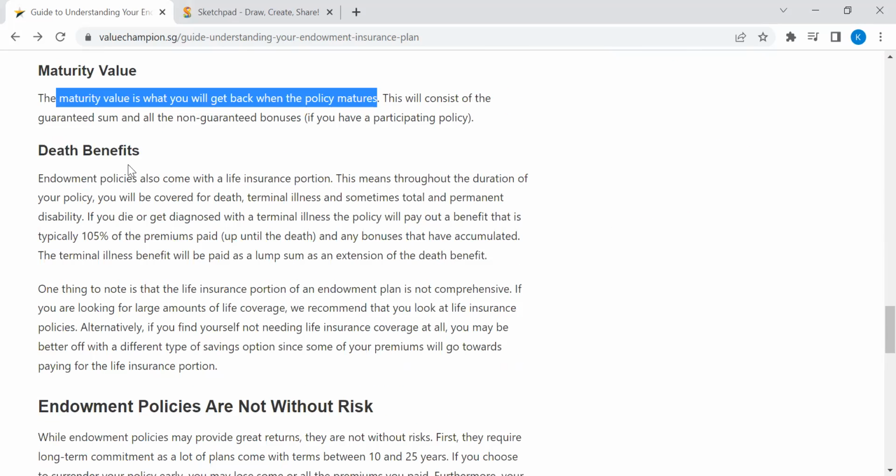So death benefit, as we said, most of our endowment plans also have a little bit of coverage. So in the event that death happens, usually you will get a death benefit that is higher than the surrender value. So it makes sense if, let's say, the surrender value at that period is $60,000, for example, the death benefit may be $65,000, just for illustration, to give you an idea of how it looks.